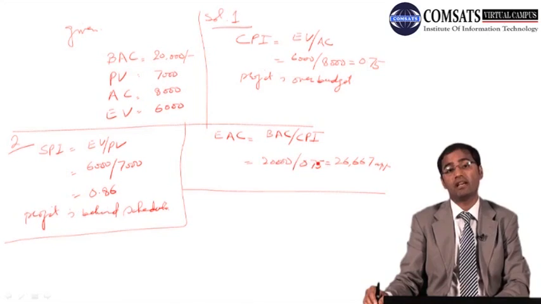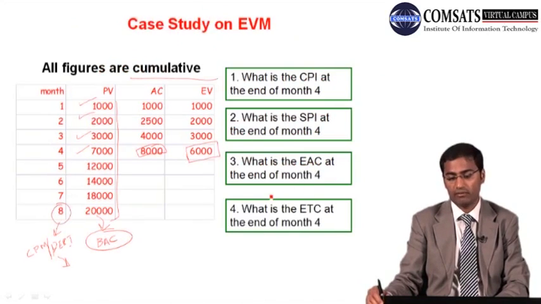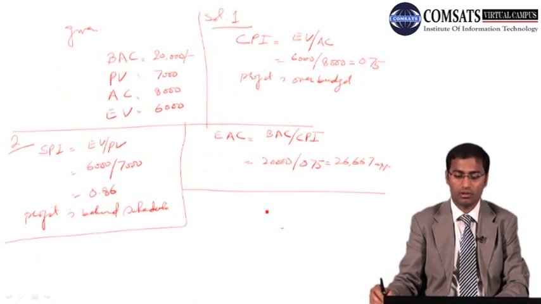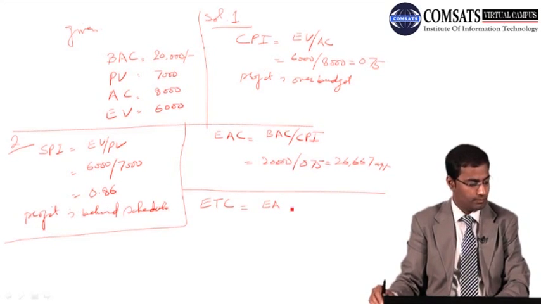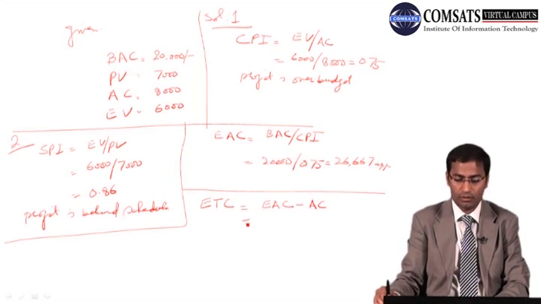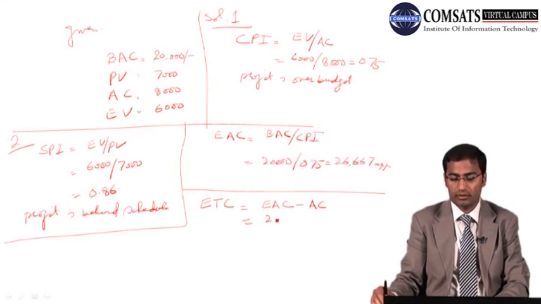Right. Now we have the estimate at completion, and the fourth thing was estimate to completion at the end of month 4. So the estimate to completion is EAC minus AC. EAC is 26,667 minus AC.